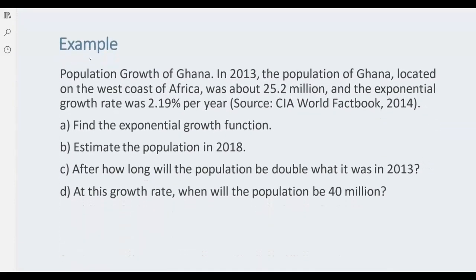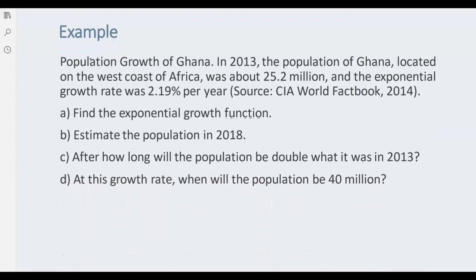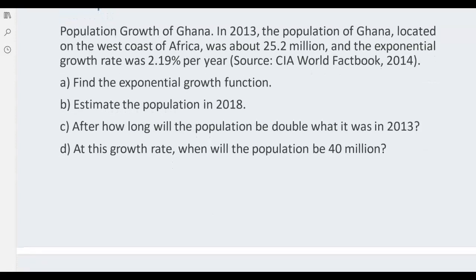Here's an example, the population growth of Ghana. In 2013, the population of Ghana was about 25.2 million, and the exponential growth rate was 2.19% per year. So we want to find the exponential growth function using those variables that we had before.